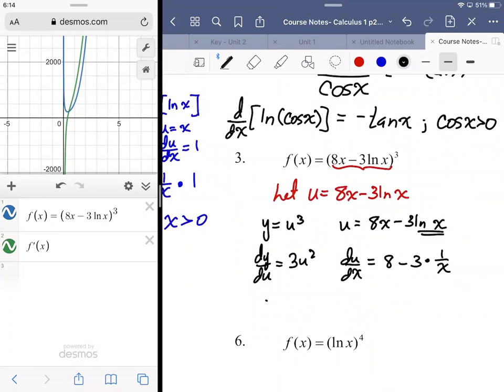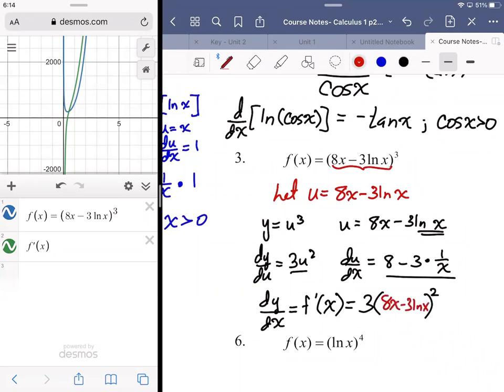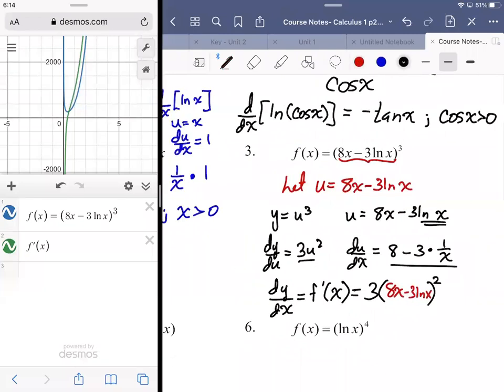All right. So dy dx, which would be the product of these two things, would also be thought of as f prime of x, 3u squared, all right, with the u really being the 8x minus 3 ln x, and then multiplied by du dx, which would be 8 minus, I'll write it as 3 over x.